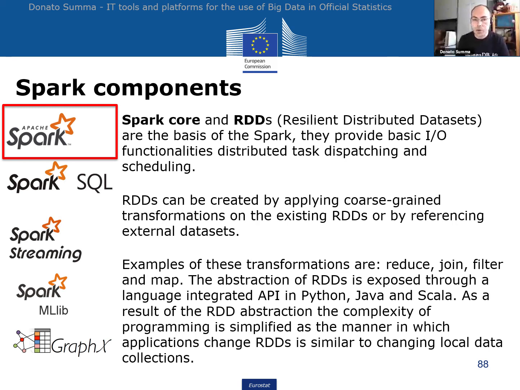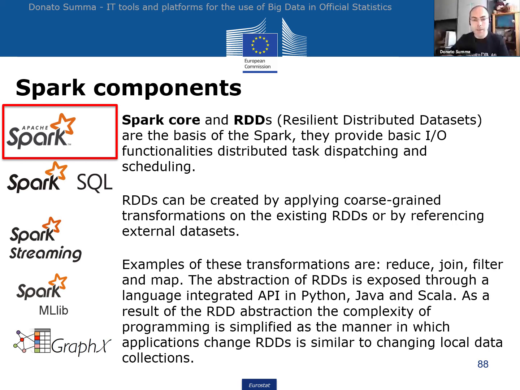Spark core and RDDs, resilient distributed datasets, are the basis of Spark, and they provide basic input-output functionalities, distributed task dispatching, and scheduling.